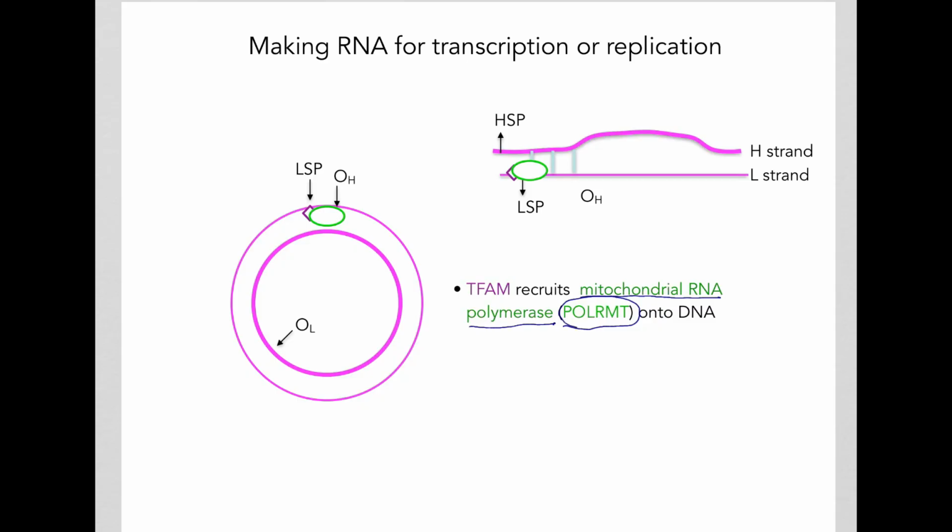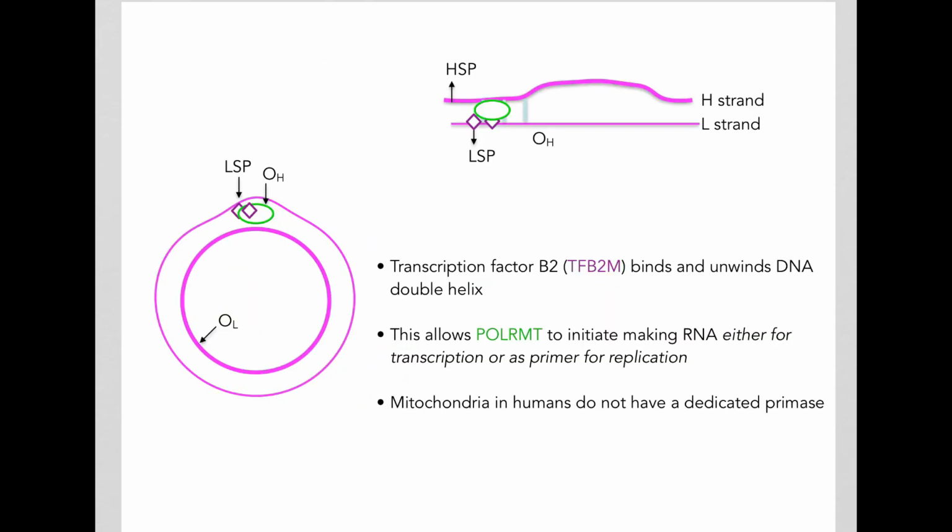POLRMT, onto the DNA. In the next step, another transcription factor called transcription factor B2 or TFB2M, this will come and bind and unwind the DNA double helix a little bit, and that will give us enough space, and now the POLRMT, the polymerase, will start making RNA either for transcription or as primer for replication.